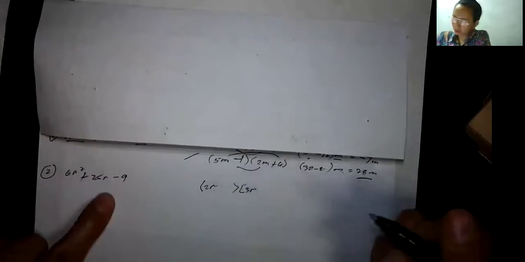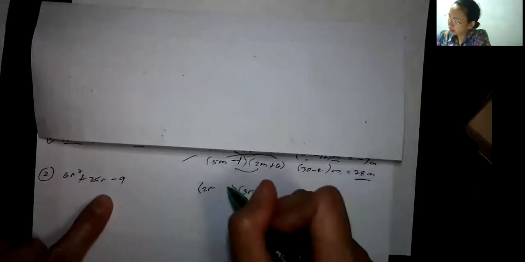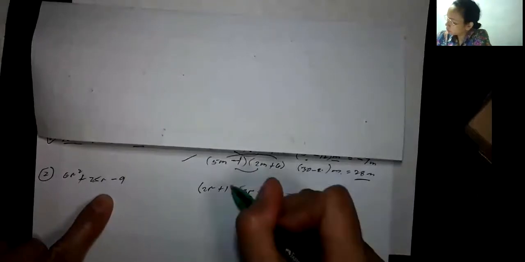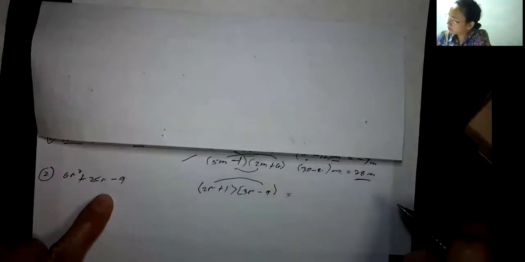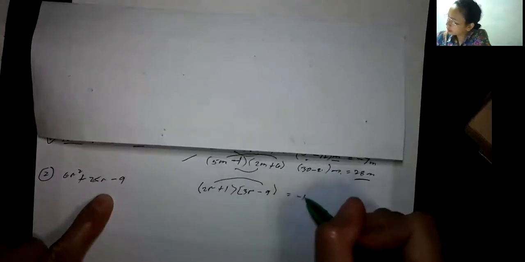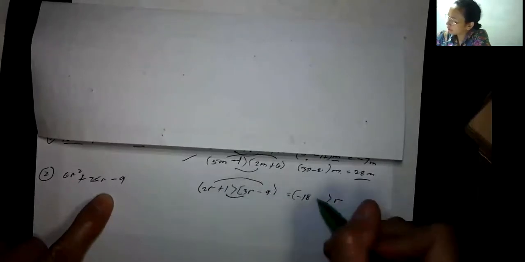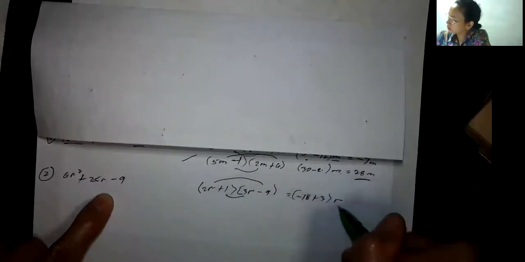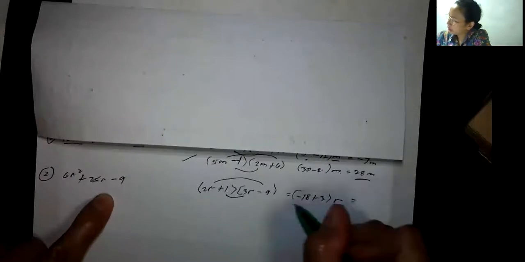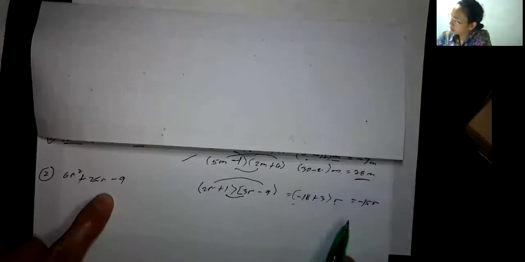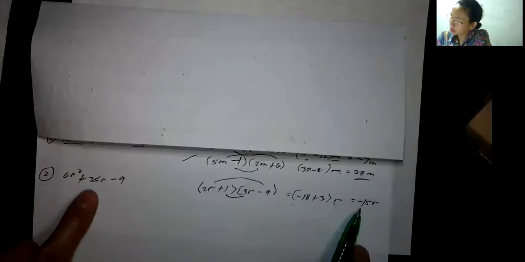What about negative 9? So let us have positive 1 and negative 9. Okay, so 2r times negative 9 gives us negative 18r. 1 times 3r is positive 3r. So what is the difference of these two? That is negative 15r, which is not correct for the middle term.